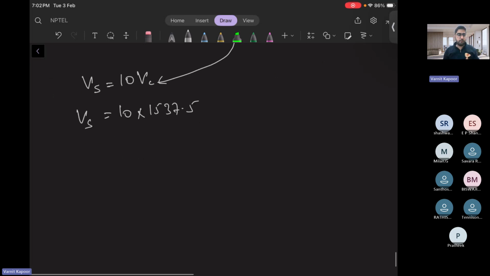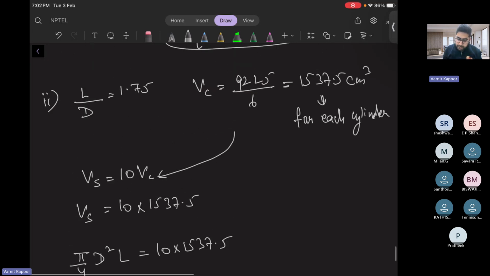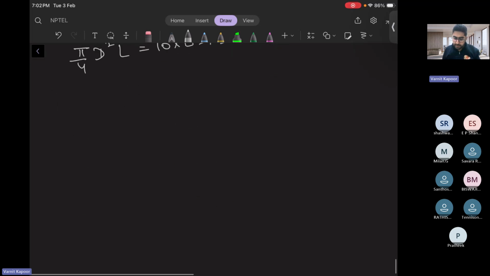We know that swept volume is pi by 4 d square into L. So pi by 4 d square into L is equal to 10 times 1537.5. You know that L by D is 1.75, so you can write L as 1.75 of D. Put this L here.